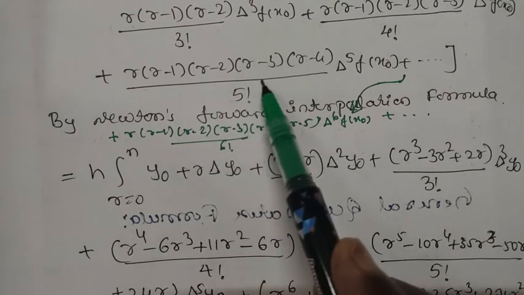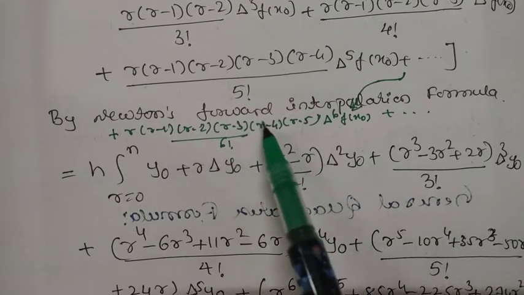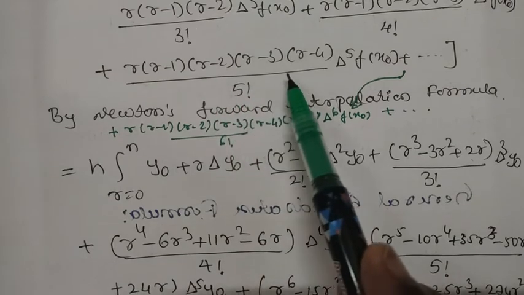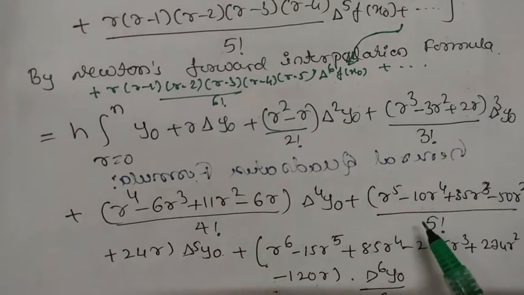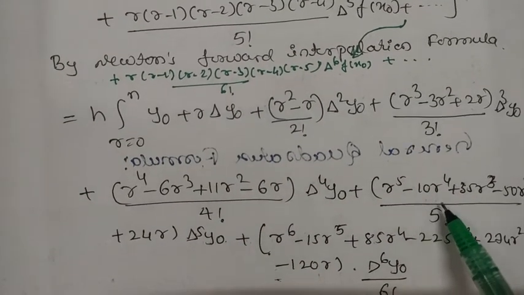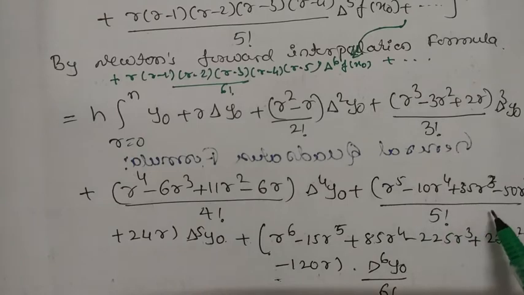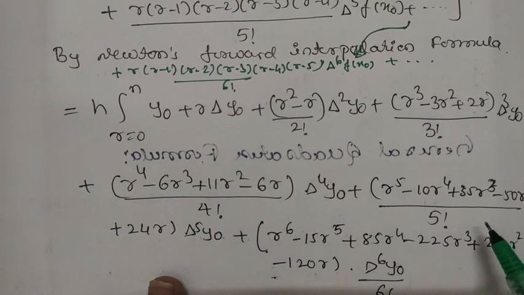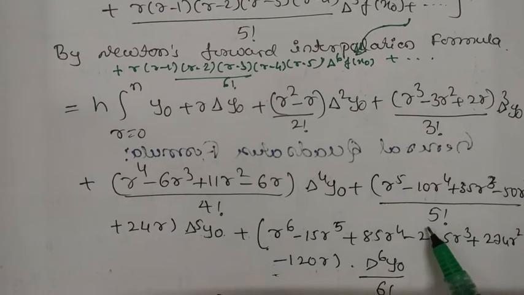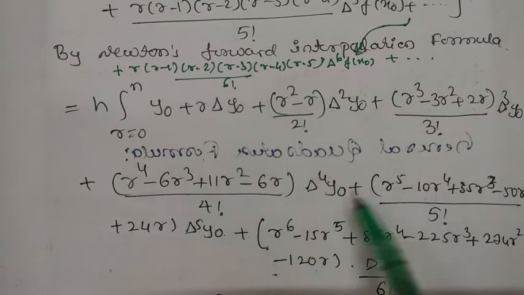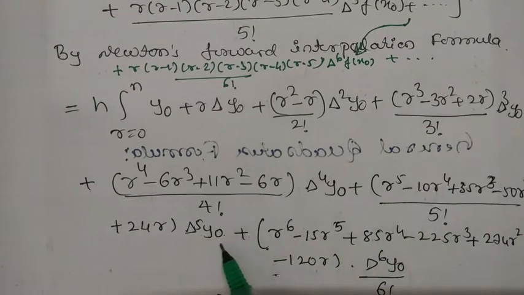After simplification, r into r minus 1, r minus 2, r minus 3, r minus 4 gives r raised to 5 plus 10 r raised to 4 plus 35 r cube minus 50 r square plus 24 r, divided by factorial 5, with delta raised to 5 y naught.